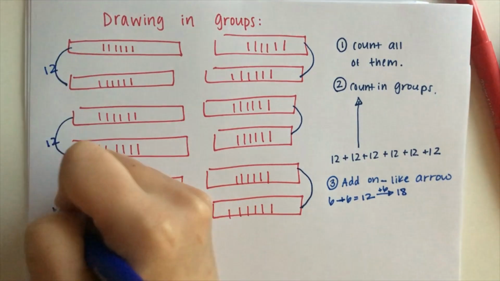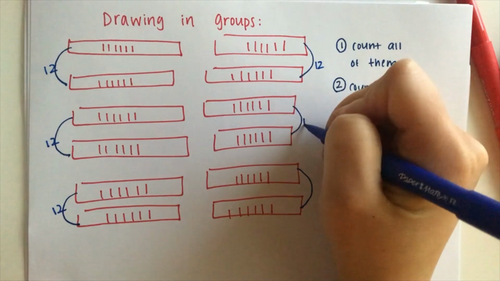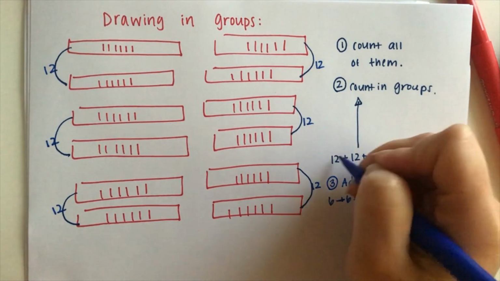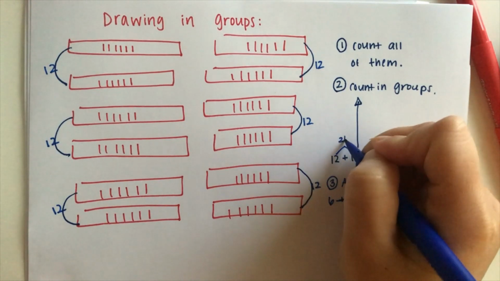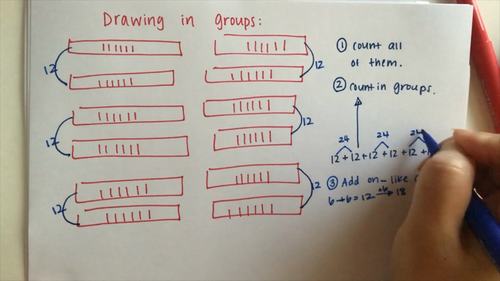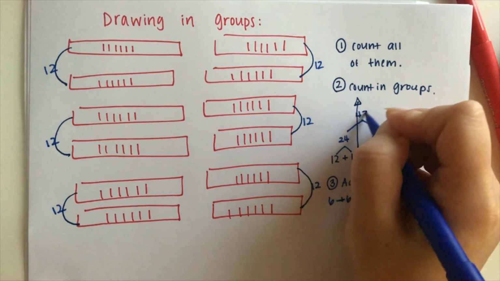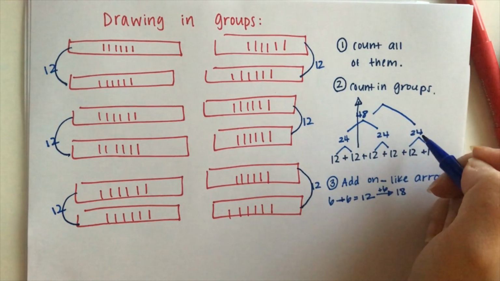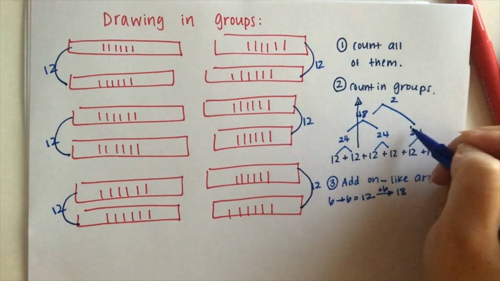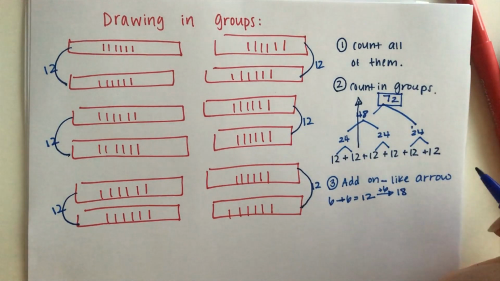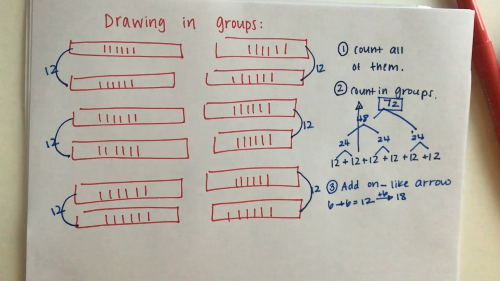I think that's a little smarter, where I group the doubles together. So then I know that 12 plus 12 is 24. That's 24. And that's 24. 48. And now if I do these two together, and I got 72. But we're not going to end there, because we're going to check with a second method.